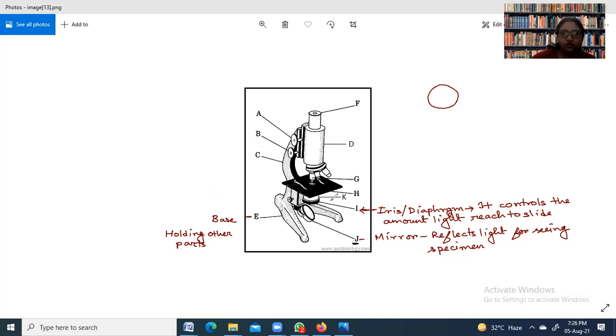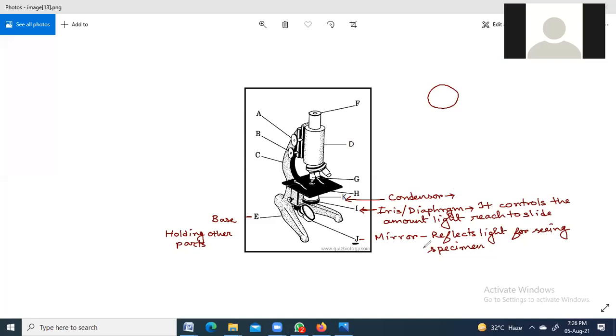Okay. So this one is the condenser. The K is the condenser. So what does this condenser do? What's its role? Ma'am, it helps to condense the light rays. So helping to condense means what?